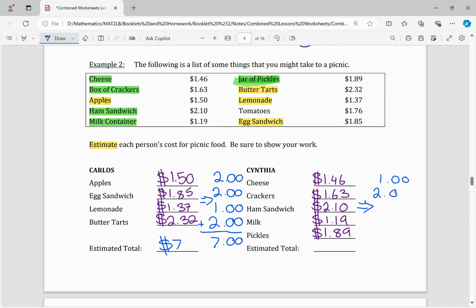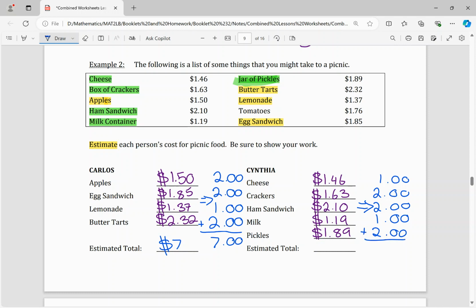Crackers is going to be approximately $2. Ham sandwich is going to round down approximately $2. Milk is going to round down approximately $1. And pickles is going to round up, right? The 8 tells the 1 to round up. That's going to be approximately $2.